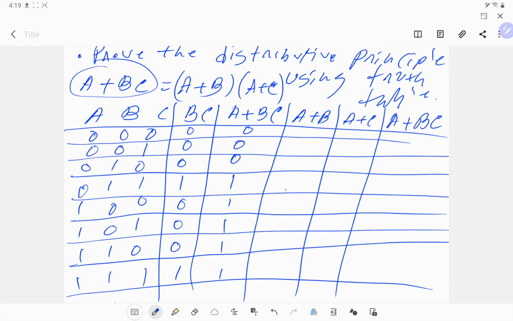If we can show that the third column and the sixth column are the same, then this identity is proved. So for A plus B, oh, okay, actually, let me redo it.